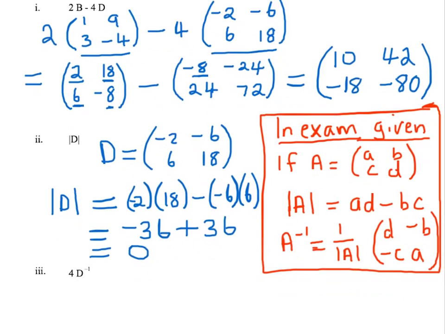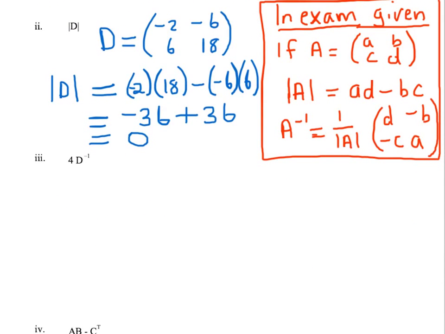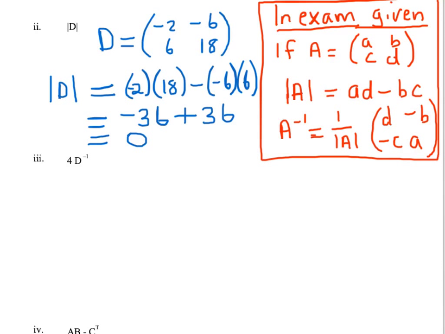Now let's move on to part 3 of this question. I'm asked to work out 4 multiplied by D to the power of minus 1, and D to the power of minus 1 is known as the inverse of D. Now the matrix D is written here at the top of the page. If I follow the formula, it's 4 times 1 over the determinant of D, and the determinant of D is 0.